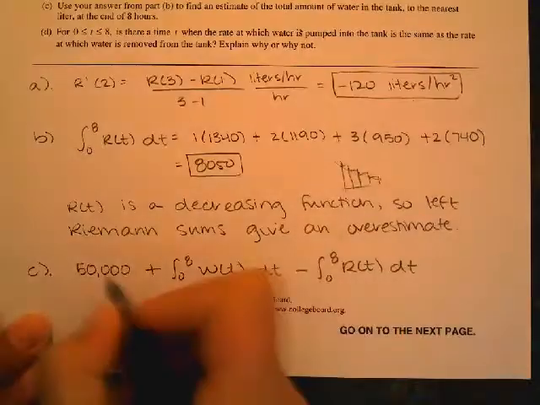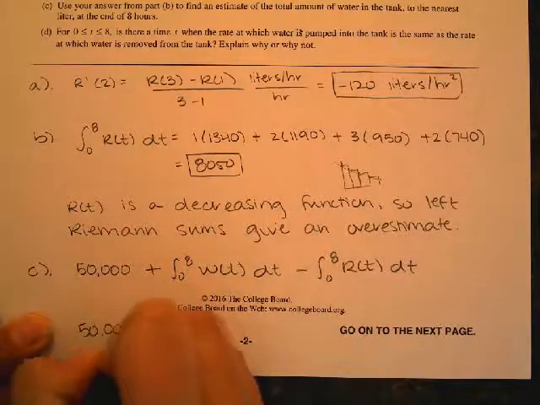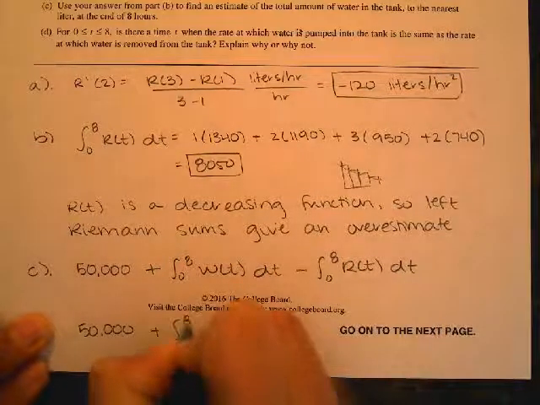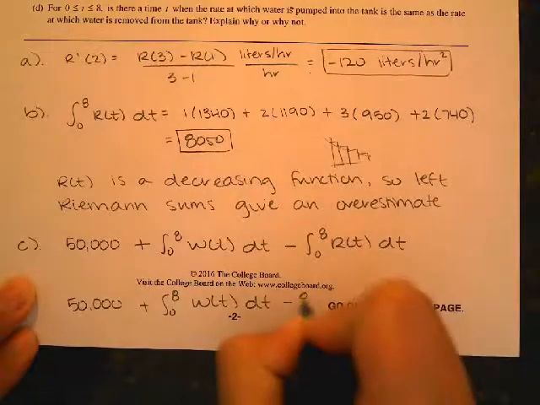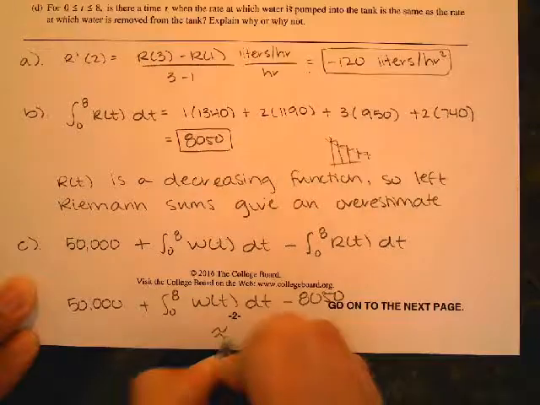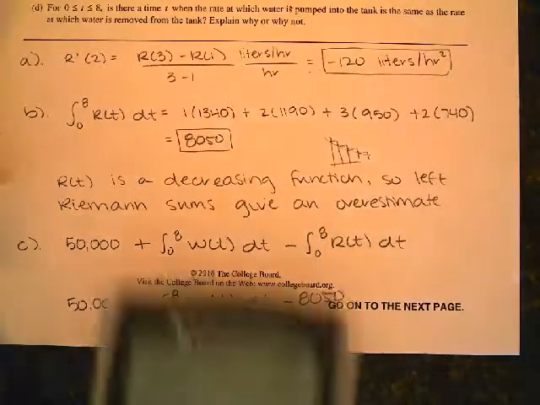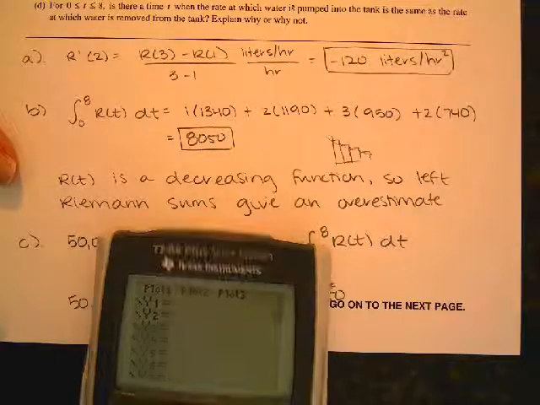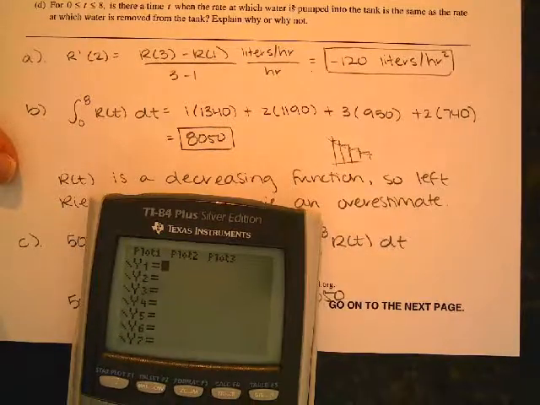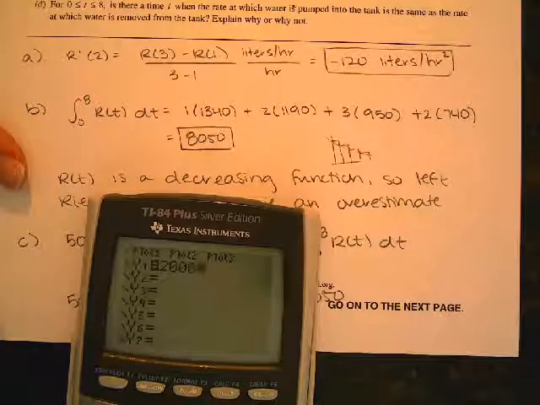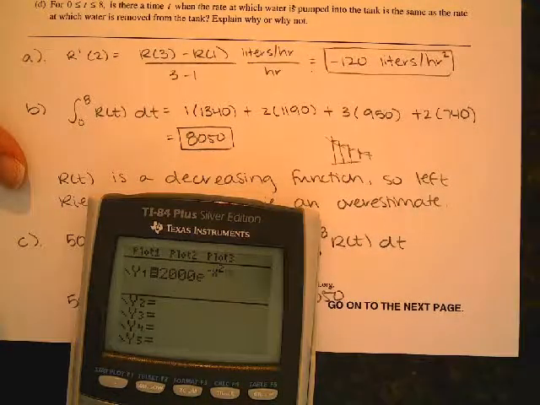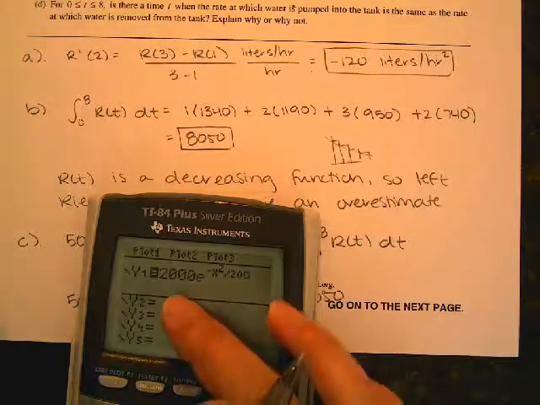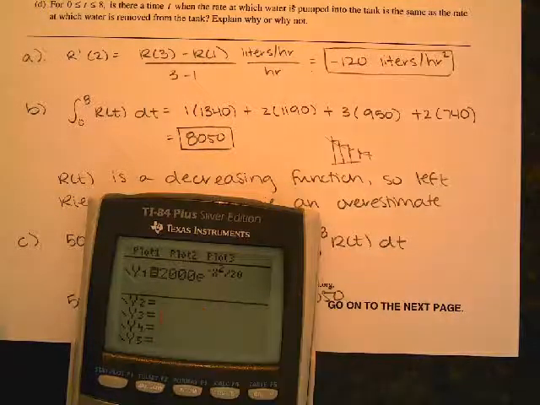So we're going to say 50,000 plus, from 0 to 8, W of t dt, the integral, minus 8,050 equals. Okay, so I'm going to very carefully plug in W of t here. This is a habit I've gotten into because it saves me from having to type this in multiple times, so I'm not risking typos. So 2,000 e to the negative x squared over 20 looks good.